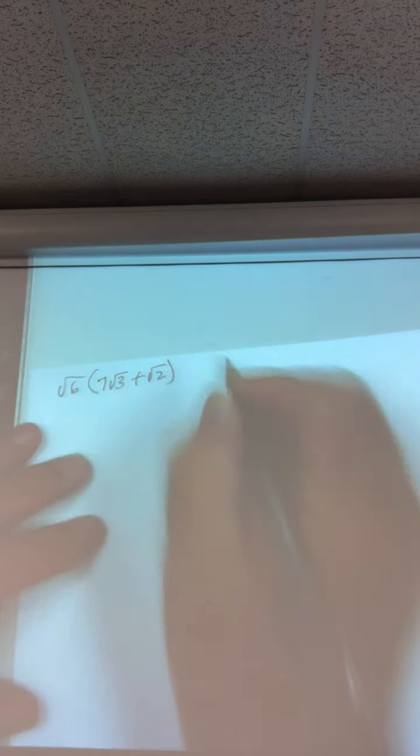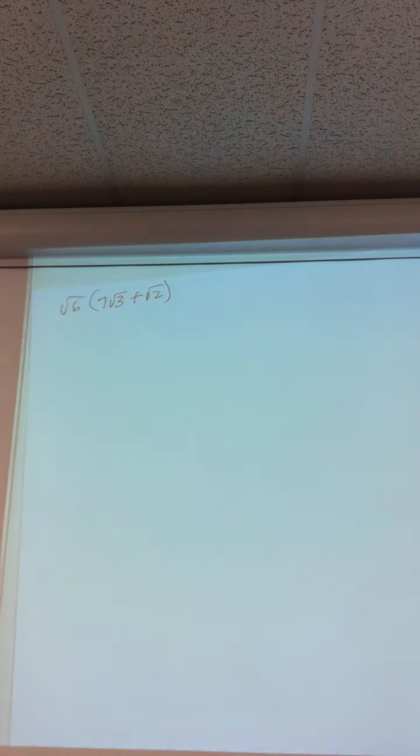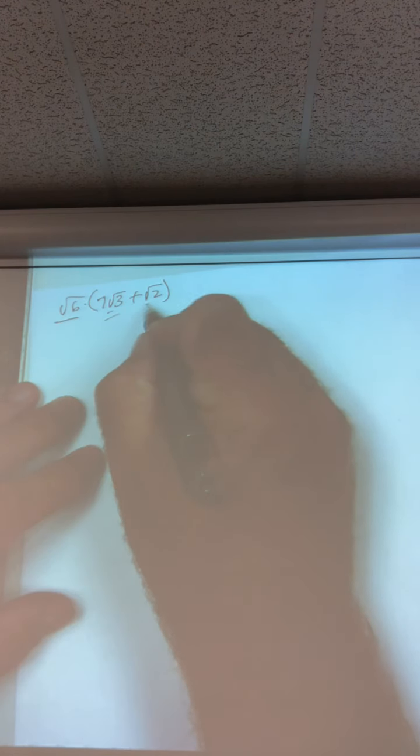But yes, you can use the distributive property. So right here, when I multiply this, this is one term times 2 terms.